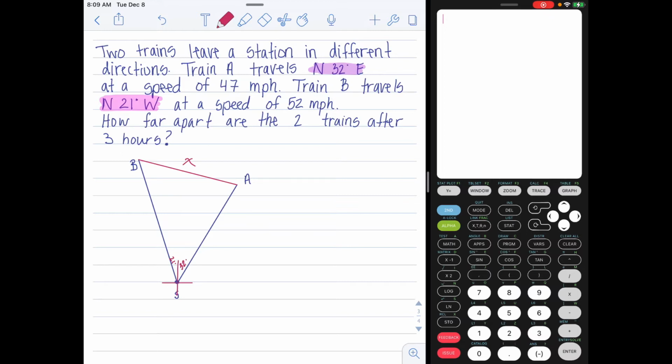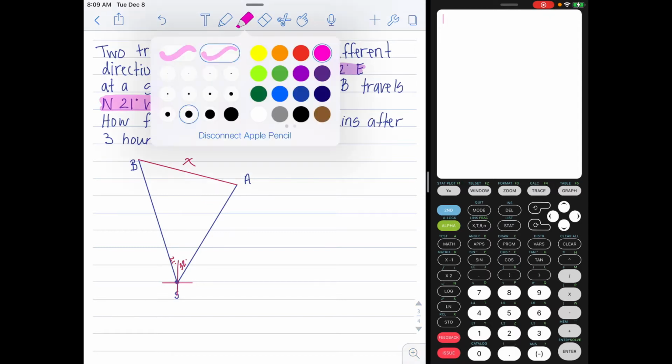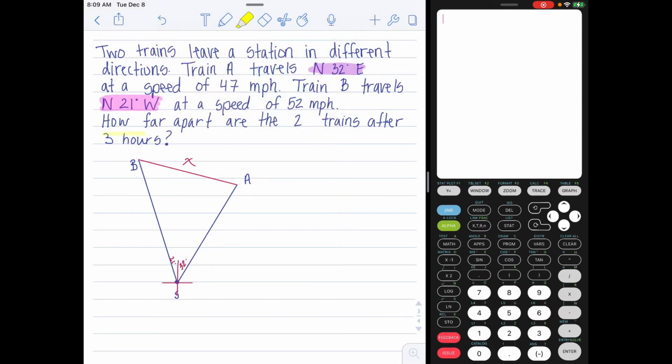But now they told me how fast they were driving, right? 47 miles per hour and 52 for the other one. The two trains traveled, though, for 3 hours. There's a reason why I'm telling you this, right? It's to figure out how far they actually got.